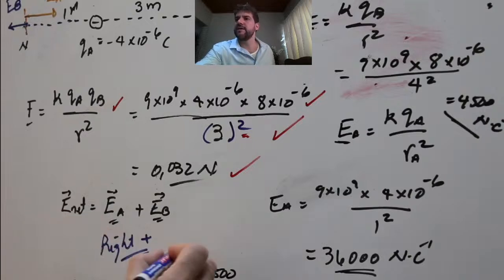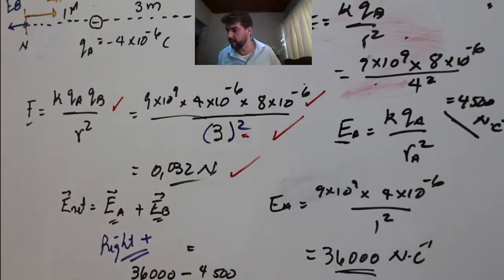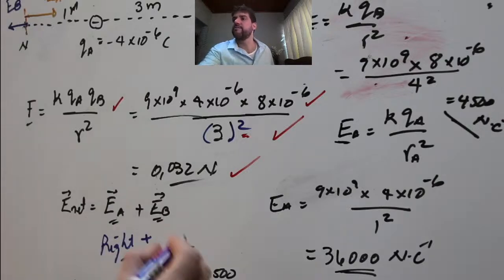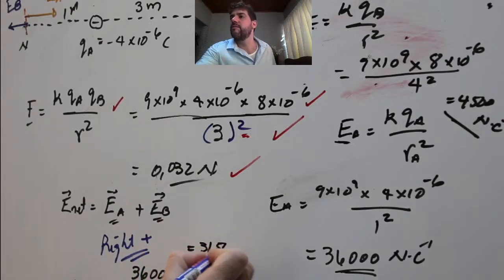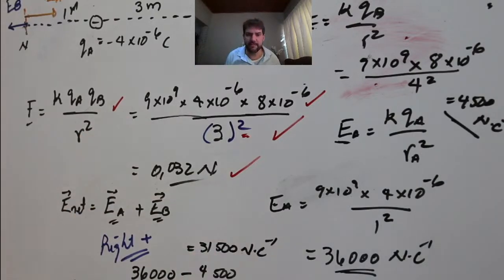Okay, the net electric field here is going to be equal to, I have to manage the space next time. So this one will give you 31,500 Newton per Coulomb. That is the magnitude.